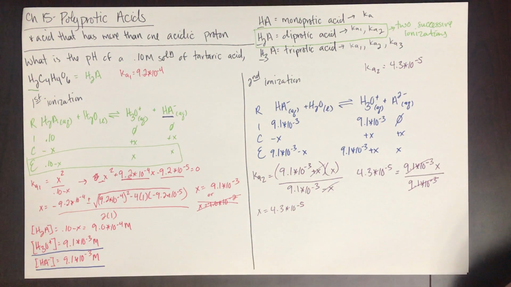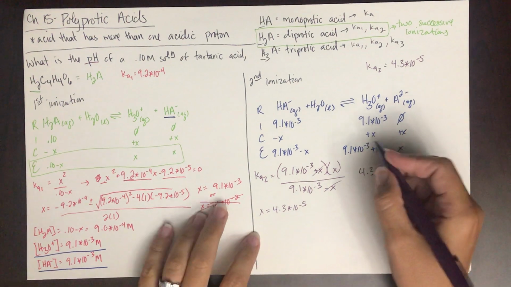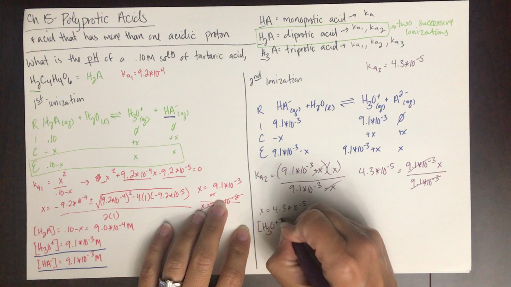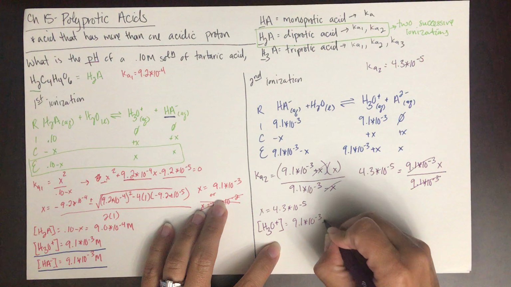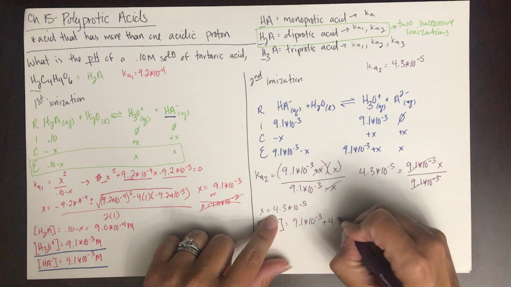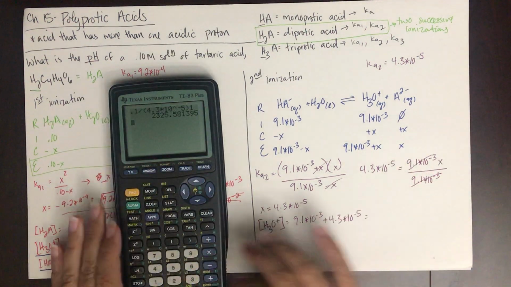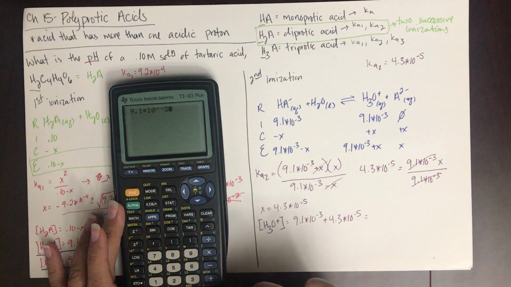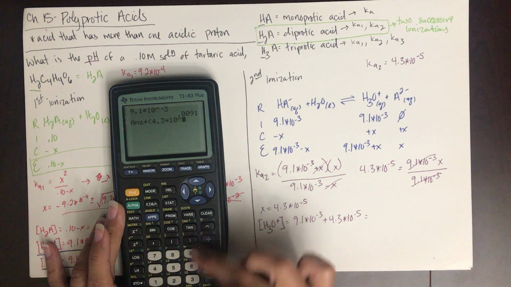So that's x. The question is asking for the pH. Remember, I want pH, so I want the hydronium ion concentration. Well, the hydronium ion concentration is 9.1 times 10 to the negative 3 plus x, which is 4.3 times 10 to the negative 5. Let's see what that is. 9.1 times 10 to the negative 3 plus 4.3 times 10 to the negative 5.